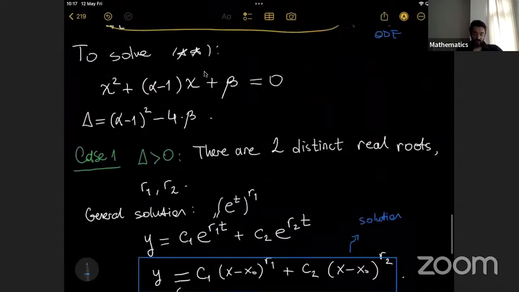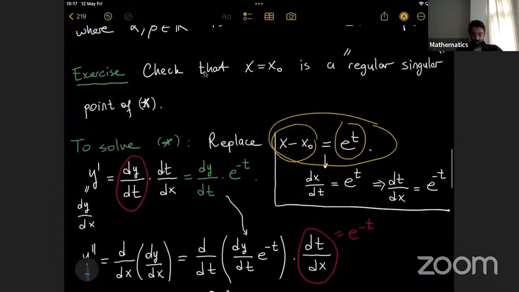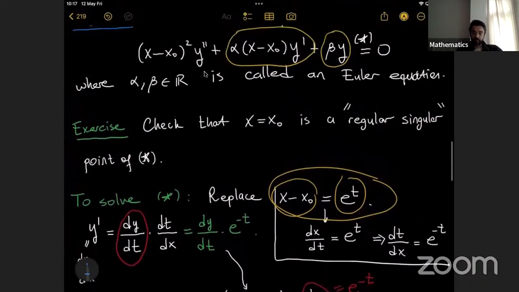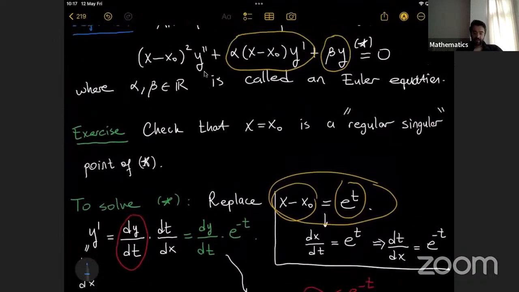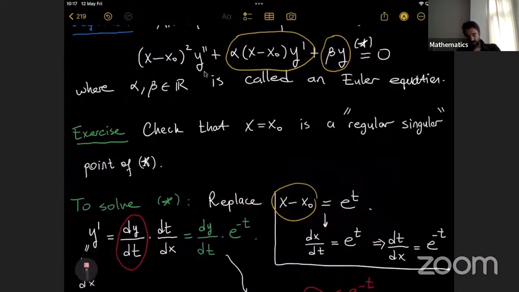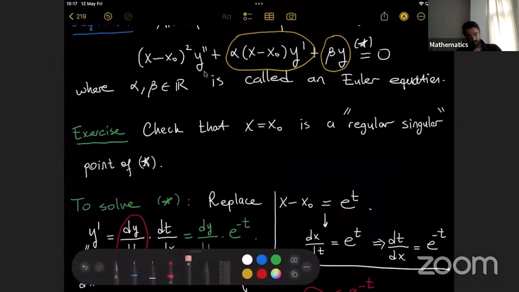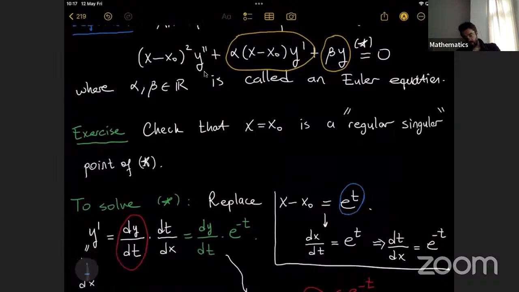Maybe I should say here that when we write like this, e to the t is positive, okay? E to the t is an exponential function. It is always positive, right? That means basically here we consider the case when x is bigger than x0. So we find the solution on this interval, x bigger than x0.